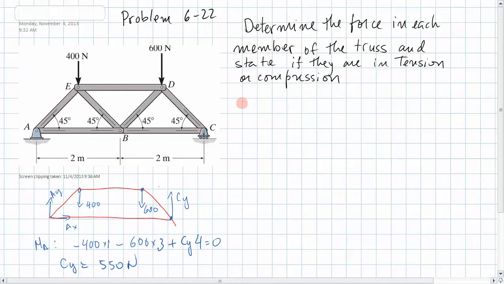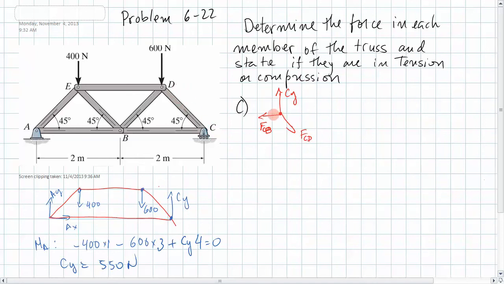So let's just work on joint C. The free body diagram for joint C would be, this is C, so you get Cy, the normal force, then you get FCB, the force on this member, and finally you get FCD, the force on this member.